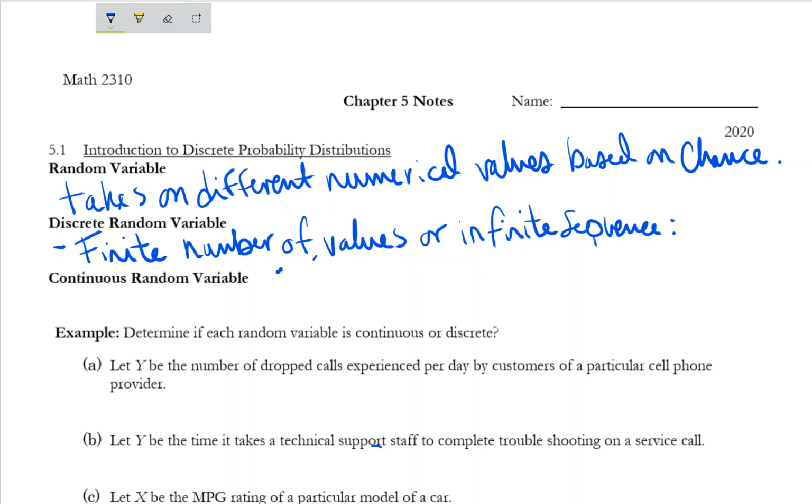In case you forgot, an infinite sequence is things like 0, 1, 2, 3, and then it just continues on forever. So it has to all look the same and be a sequence. The continuous ones are anything that looks like infinity. So it has an uncountable number of values. It's got so many possibilities you can't count it, and that's what uncountable means.